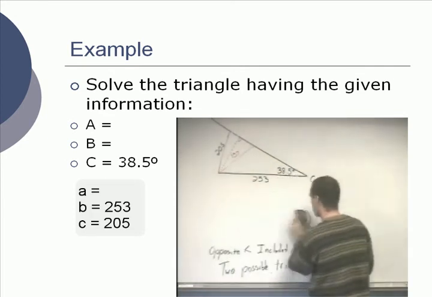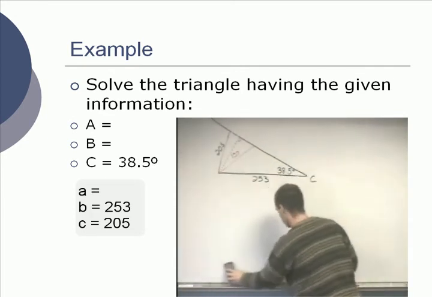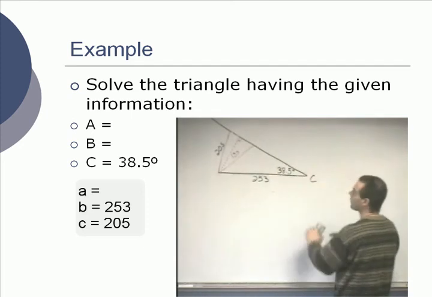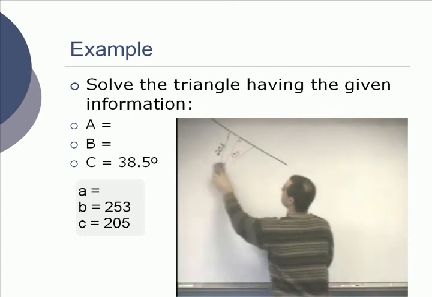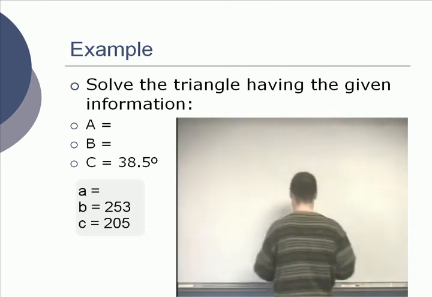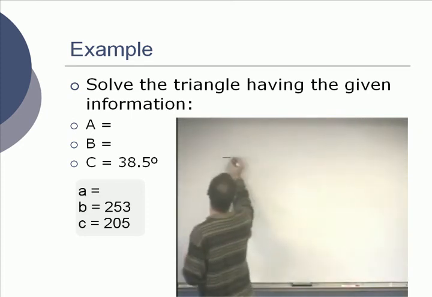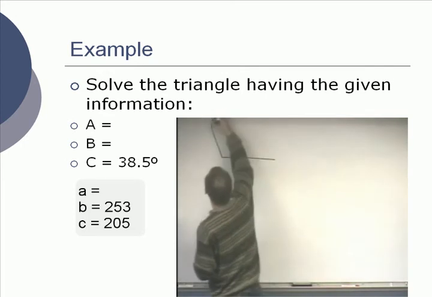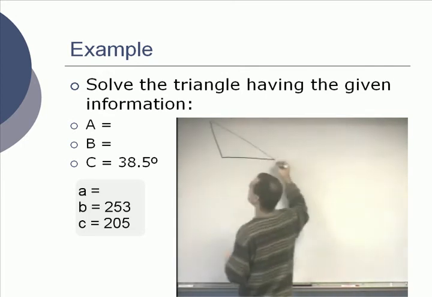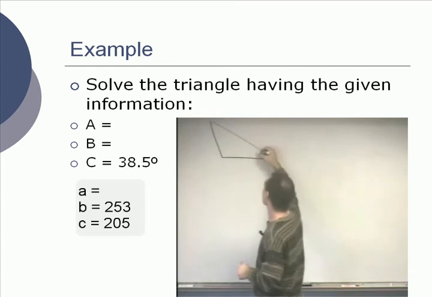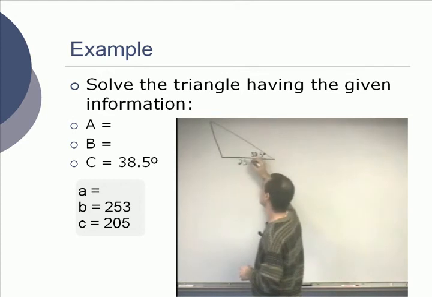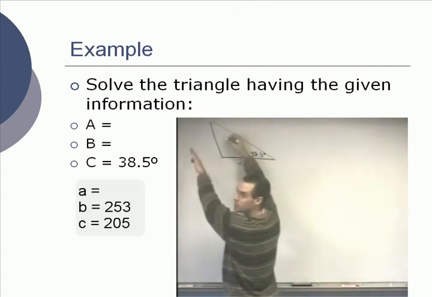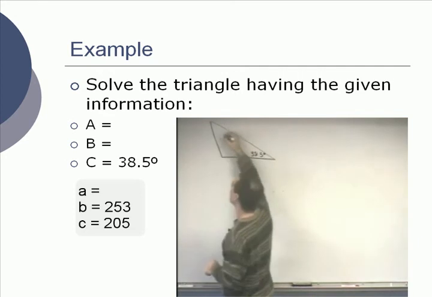Now, as long as we know we've got two, we draw both of them. I got to erase this for a minute, but one of them's going to fold out, the other one's going to fold in. So in either case, we've still got our 38.5 degrees here. We've still got a bottom side of 253. This one will fold out and be 205.